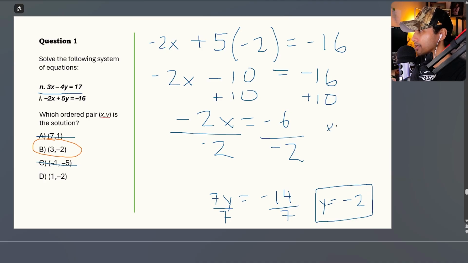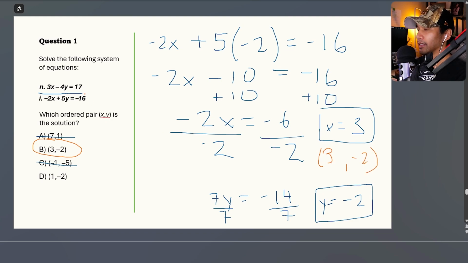We get x equaling positive 3, because a negative divided by a negative equals a positive. So we get the same answer: 3, negative 2. That's a terribly drawn 3. Perfect. Again, that was elimination of a variable, and that's it.